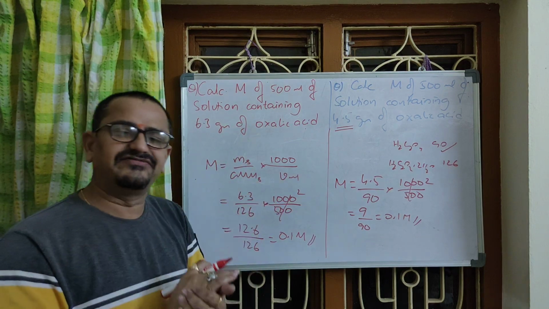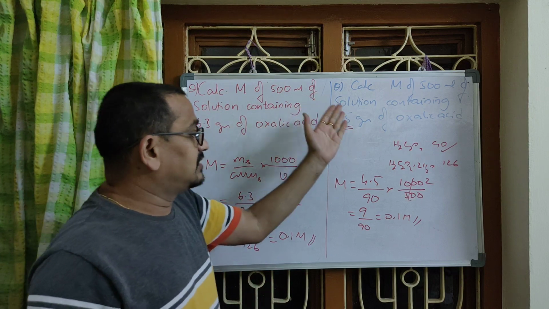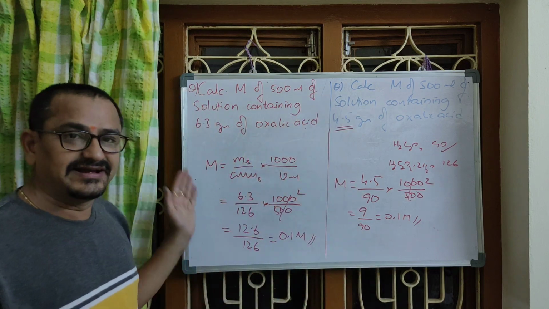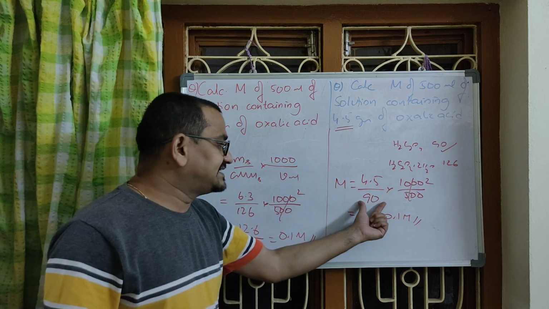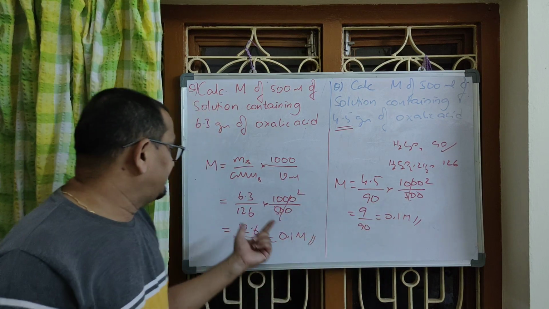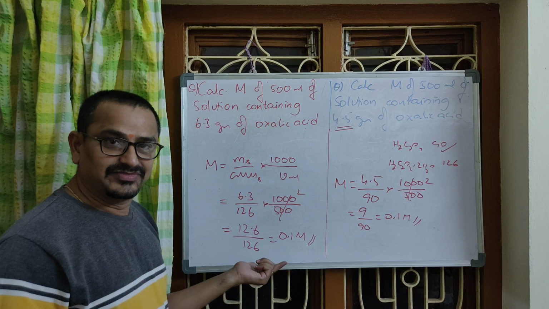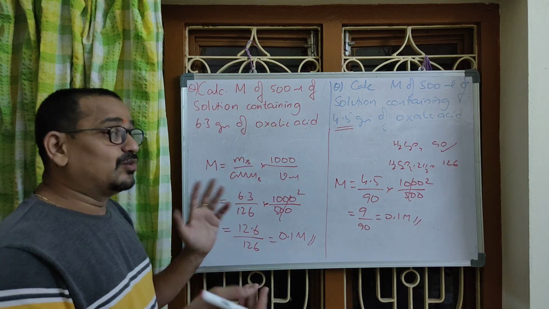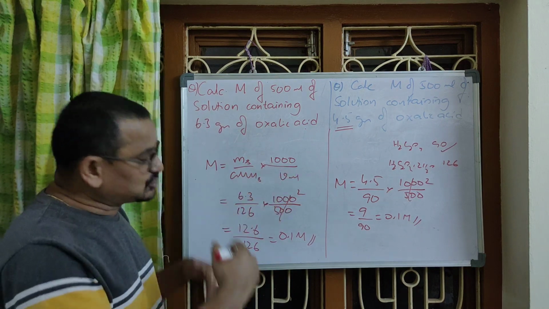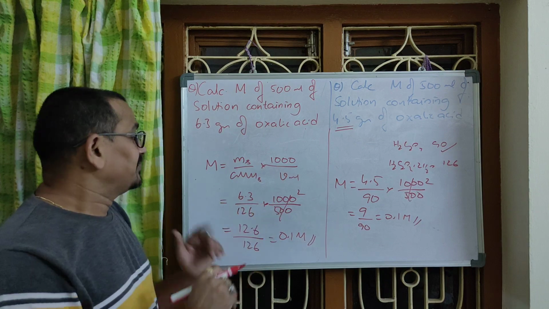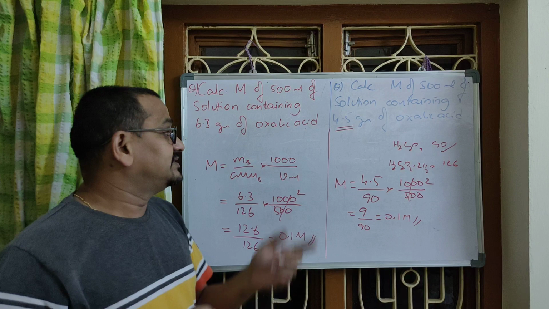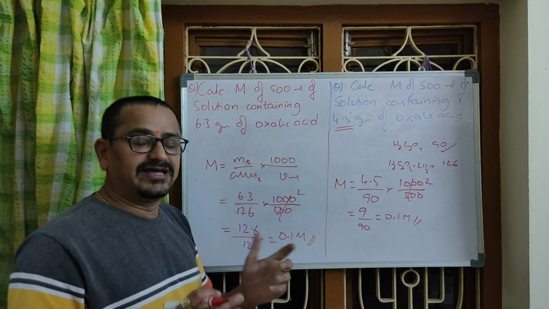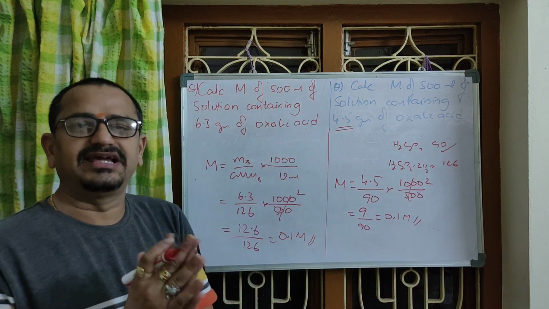If you take 126 here, the answer will be different; if you take 90 here, the answer will be different. So this is one of the areas where students must be very careful.